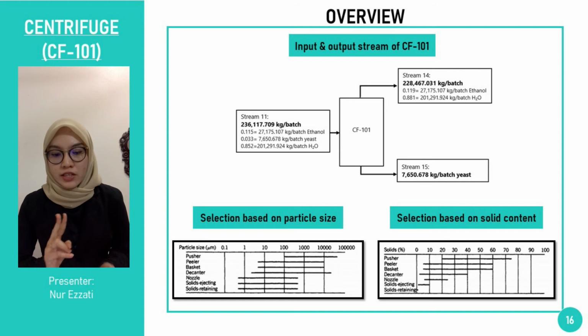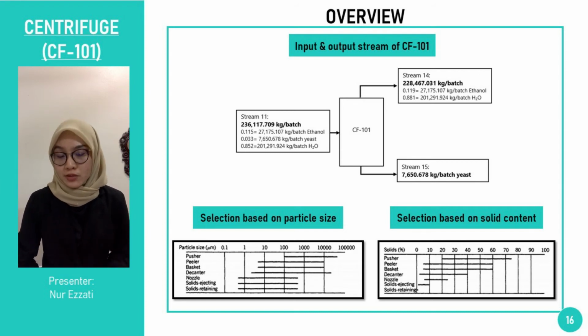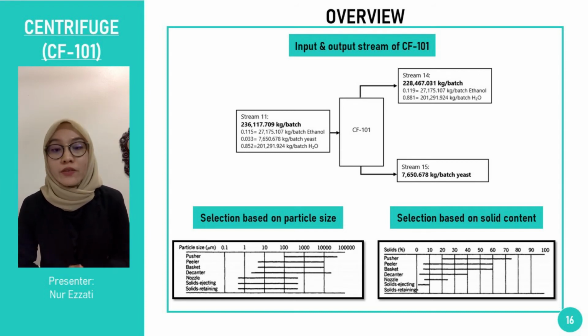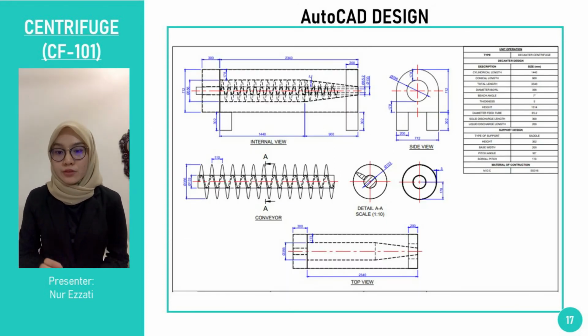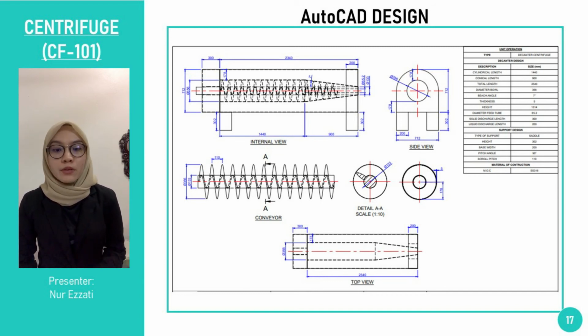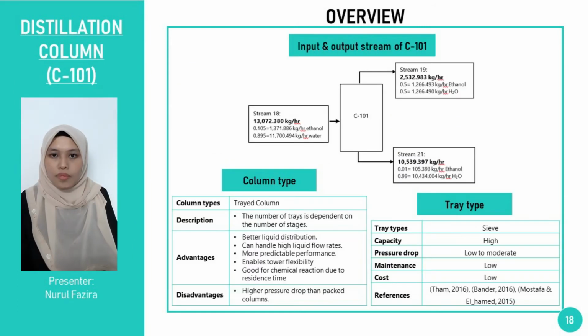Comparing these two types of centrifuge, decanter has been chosen due to its wide range of capacity. Next, the slide shows the detailed design of the centrifuge with a length dimension of 2340 mm with a bowl diameter of 356 mm.